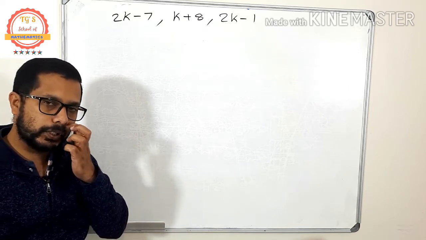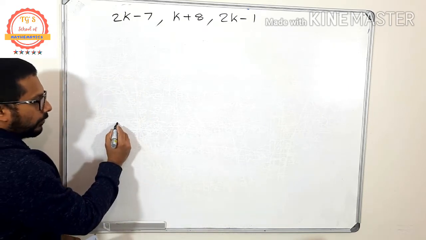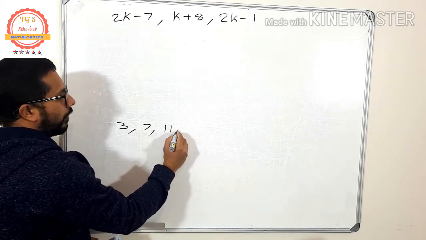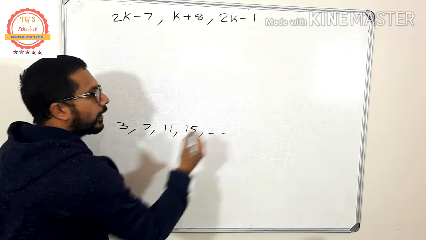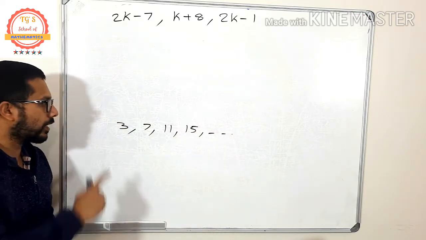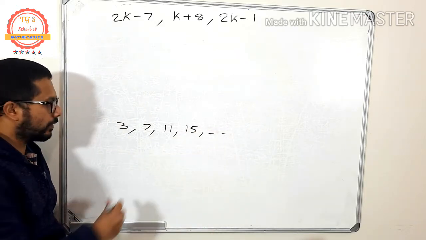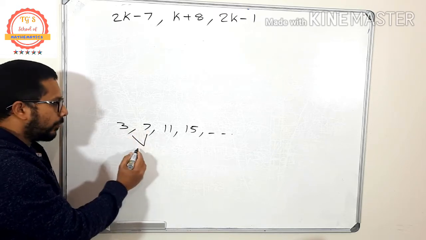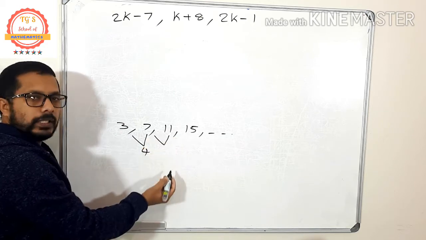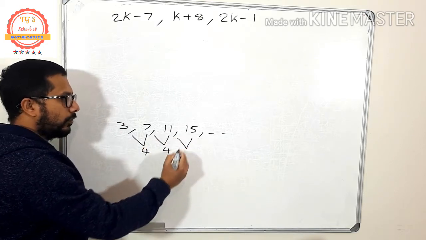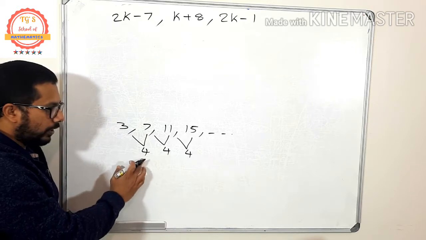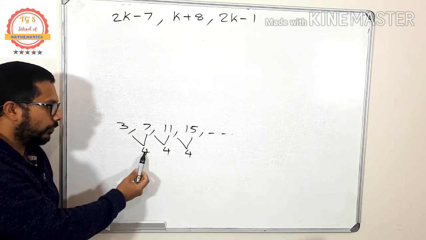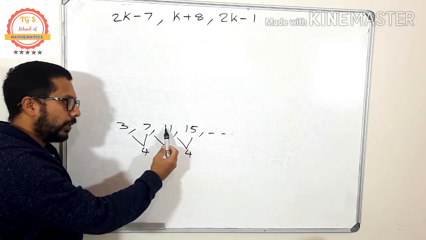What does an arithmetic sequence mean? For example, 3, then 7, then 11, 15. This is an arithmetic sequence. Why? Because if you subtract second term minus first term, third term minus second term, fourth term minus third term, can you see you are getting a common difference? 7 minus 3 is 4, 11 minus 7 is 4, 15 minus 11 is 4.